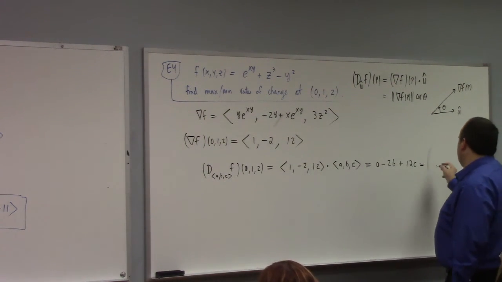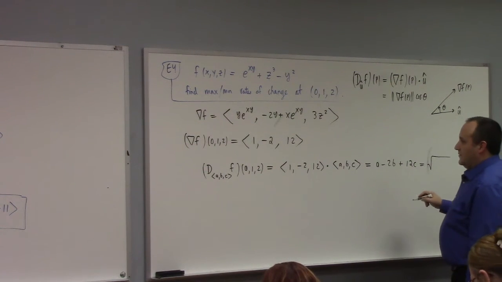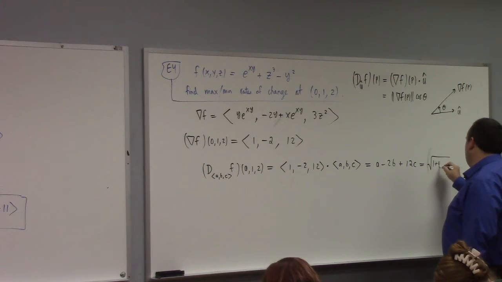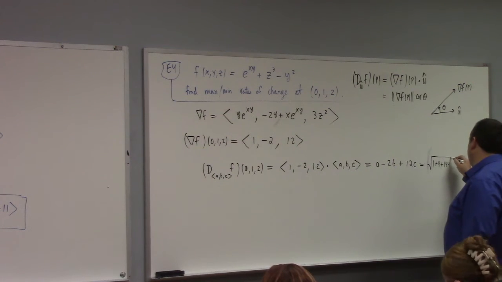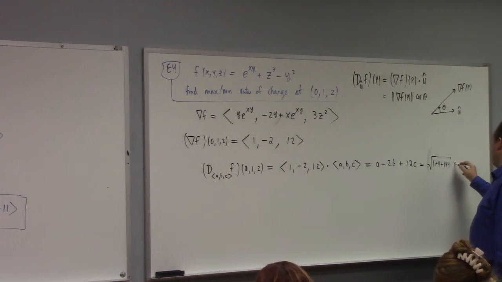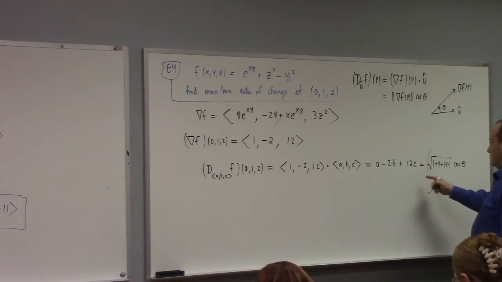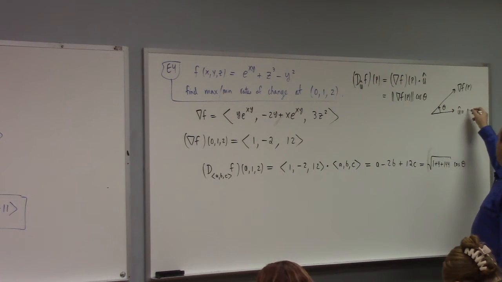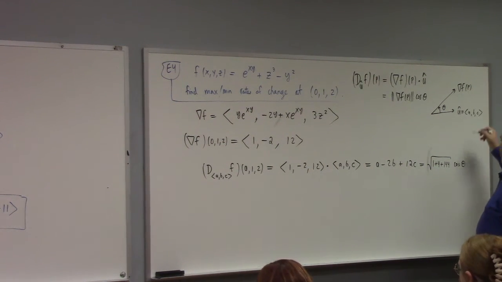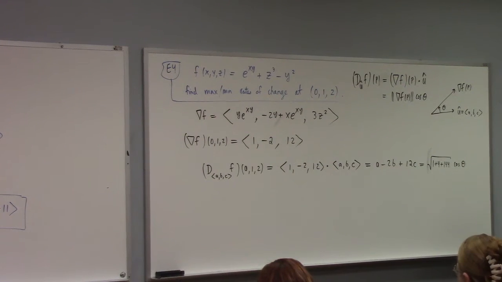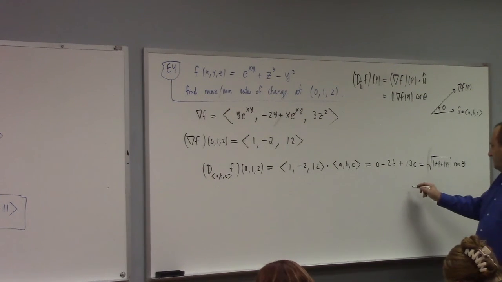What's the magnitude? So we have the square root of 1 plus 4 plus 144 times the cosine of the angle between, this is the ABC vector, right? So what are the max and min rates of change?